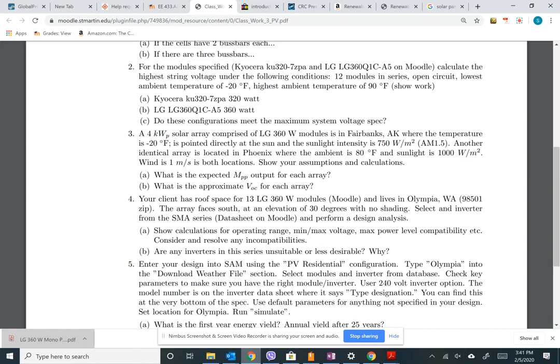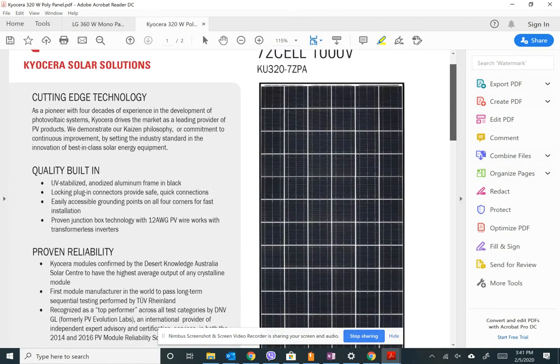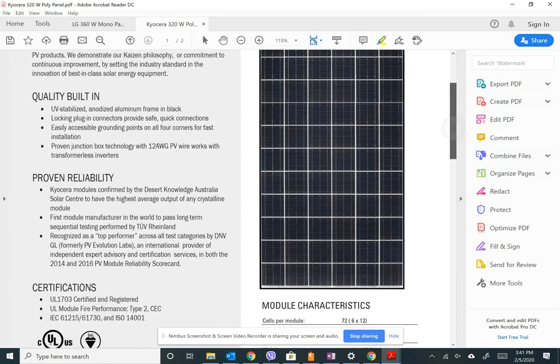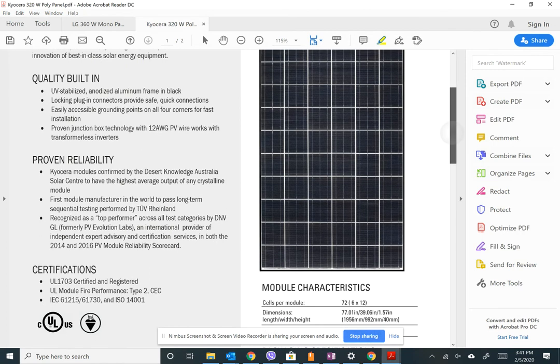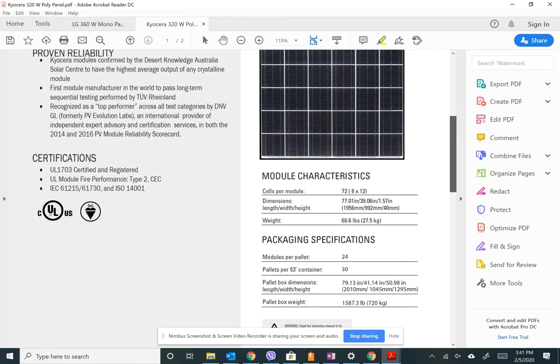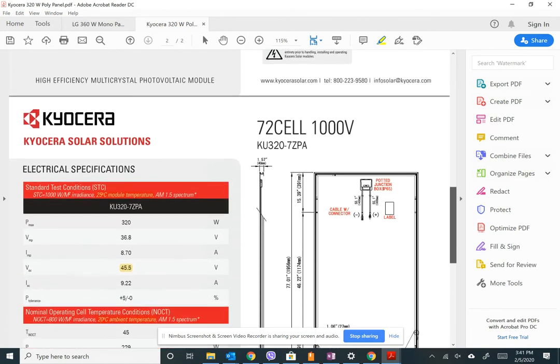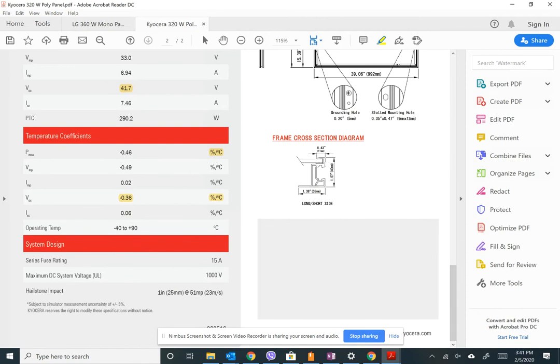There is a maximum spec, basically saying you can only have so much voltage output by putting these modules in series. Let me see if we can find it here. I know I have it written down. Here we go. Maximum DC system voltage, 1,000 volts.